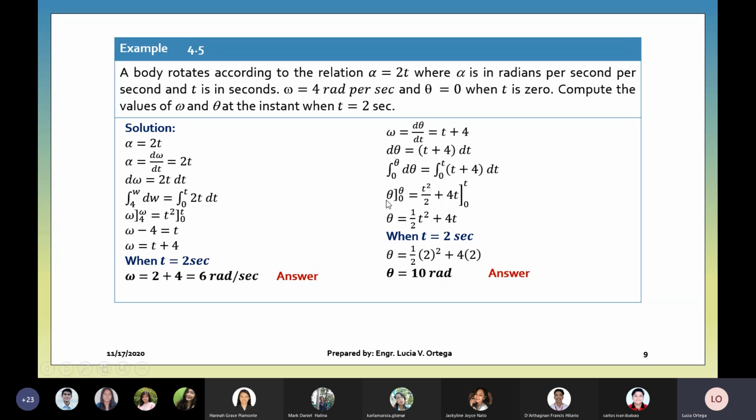Integrating, theta equals t cubed over 3 plus 4t. So when t equals 2 seconds, we substitute 2. Therefore, the angular displacement is 10 radians.